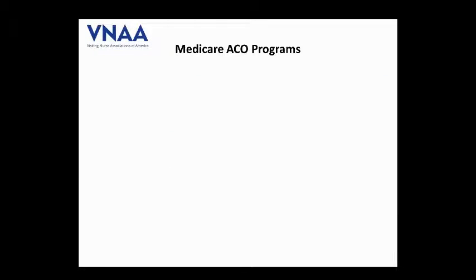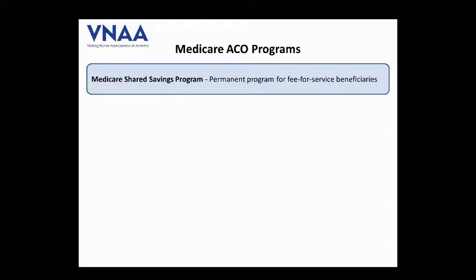So a little bit on the different variations of ACO programs, and here I am going to focus on the Medicare ACO programs, even though, again, there are variations that occur in the commercial and in the Medicaid markets. So the first is the basic ACO program. It's the Medicare Shared Savings Program. This is a permanent program under Medicare for fee-for-service beneficiaries. There are several different models of ACOs under the Medicare Shared Savings Program.